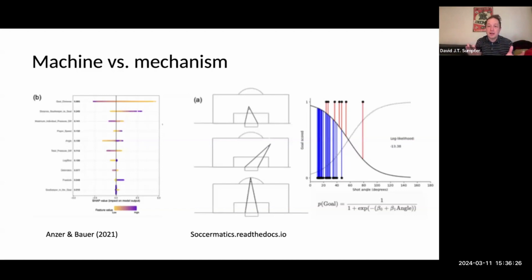They're trying to find out what's the best model fit, and then they use SHAP values to find out the explainability afterwards. But my point is that you can do this from the start. You can find out what the important variables are by thinking about the mechanisms involved, instead of doing it post hoc after you've fitted your machine learning model.